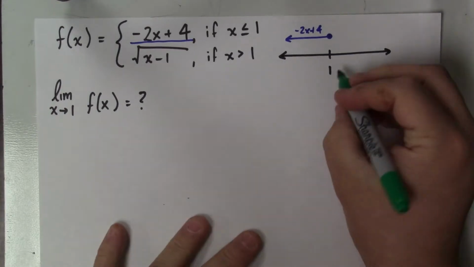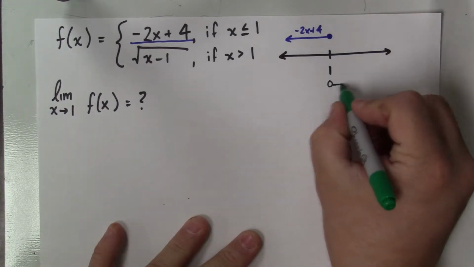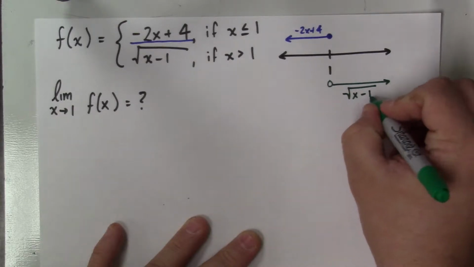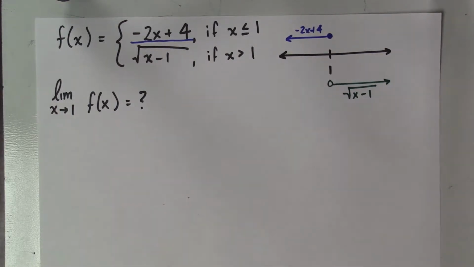And for every value that does not include 1, thus the open circle, I'm going to use the square root of x minus 1 as the rule. This follows very naturally with what we were doing in section 2.2, where we were computing left and right limits. So let's do that now.